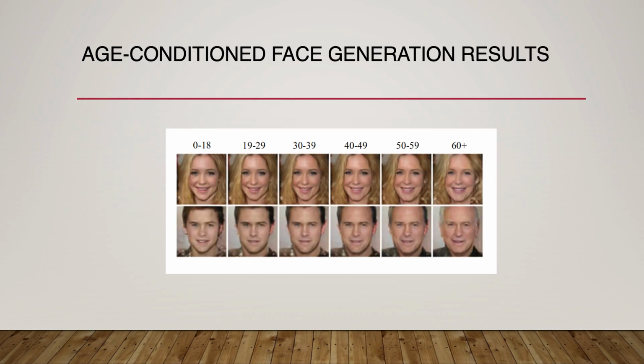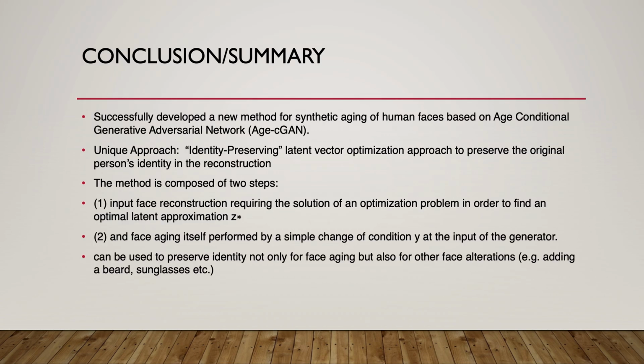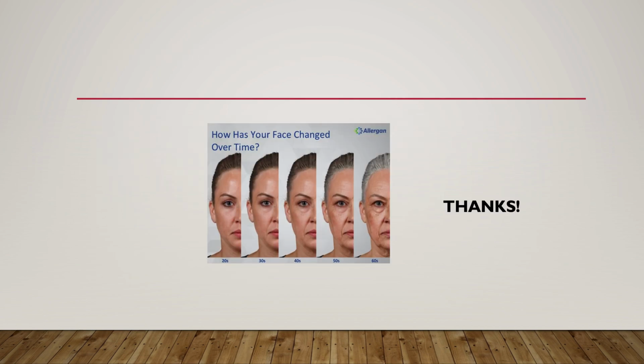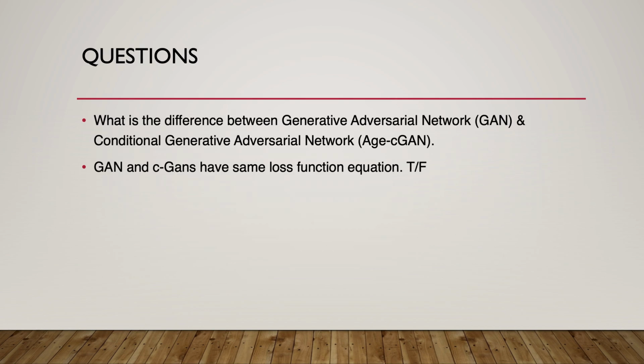Thank you. Let's look at the last question. GANs and c-GANs have the same loss function, true or false? I sort of gave away the answer there, but it is false.